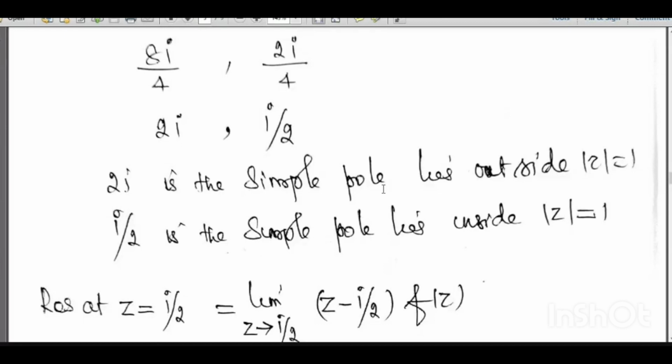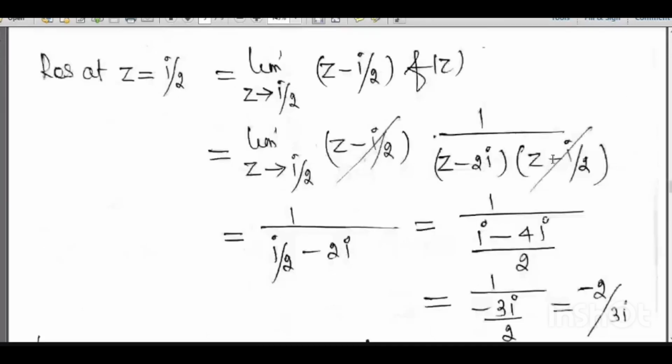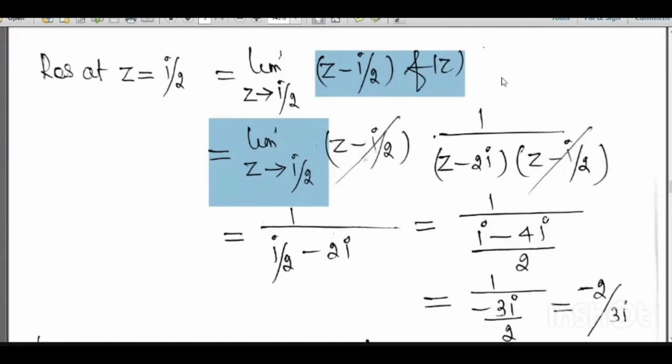The residue at z is equal to i by 2. So, limit z tends to i by 2 of z minus i by 2 into f of z is equal to 1 divided by z minus 2i, z minus i by 2. So z minus i by 2 divided by z minus i by 2 cancel.